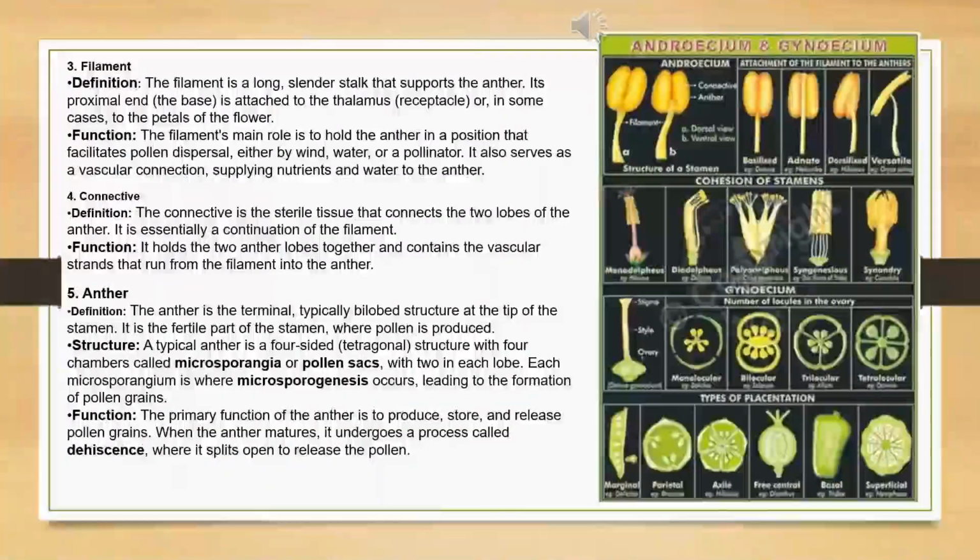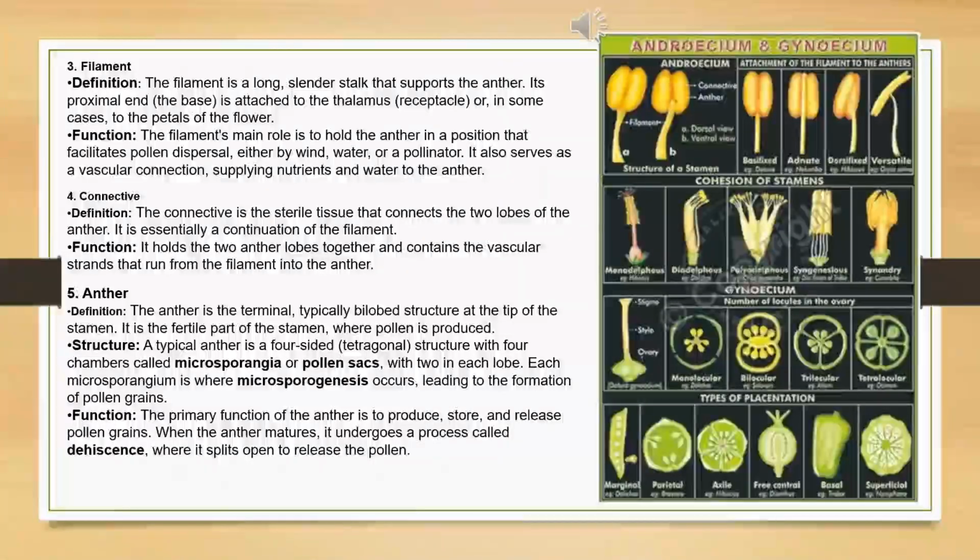The third one is the filament. The filament is a long, cylindrical, stalk like support that bears the anther. Its proximal end, the base, is attached to the thalamus or receptacle, or in some cases to the petal of the flower.